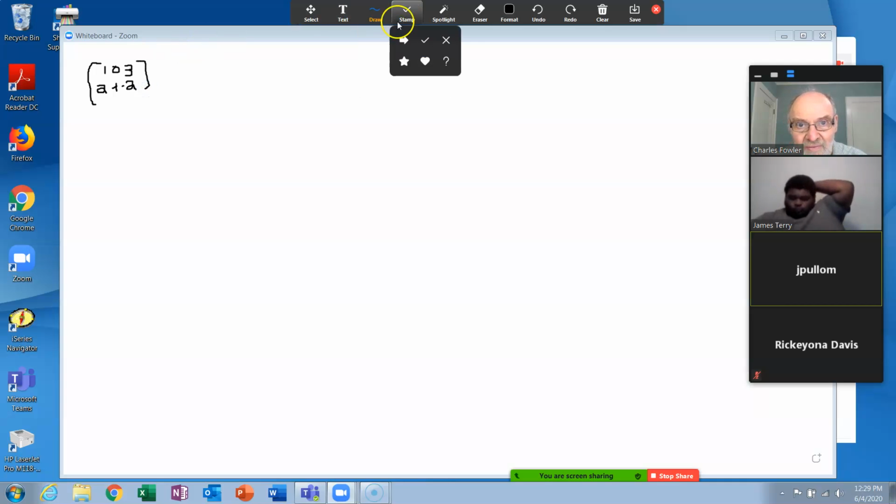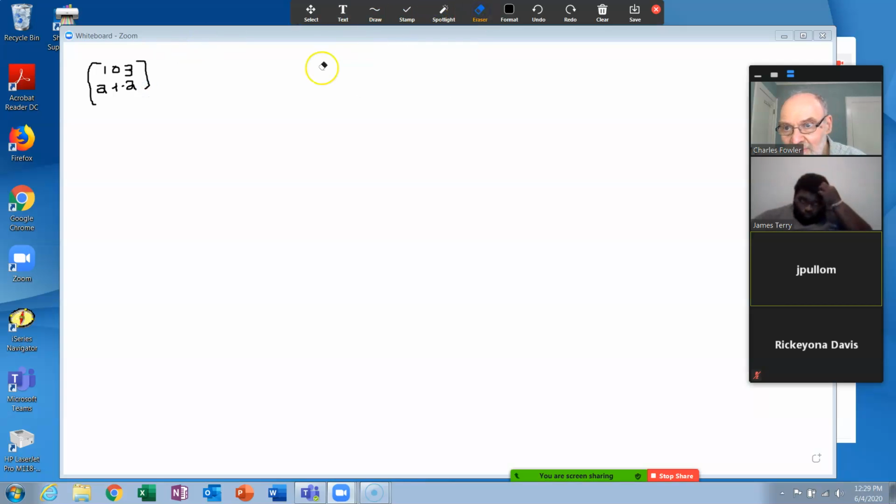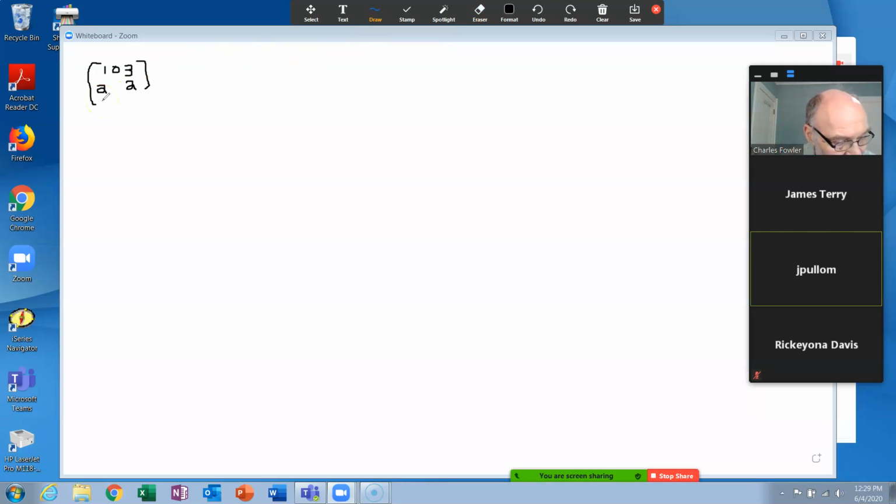Let me see if I can clean that up some. It cleaned up the wrong one. Yeah, this is a pain in the neck. That was a -1, -2. Hopefully that's easier to read. We're going to try to multiply that by this matrix.